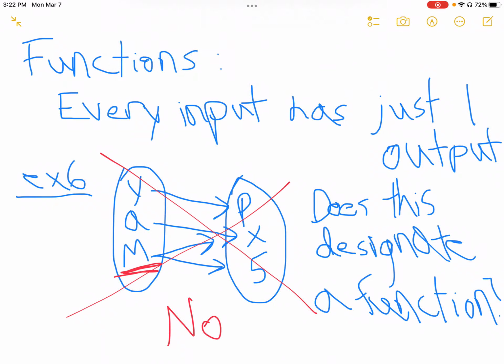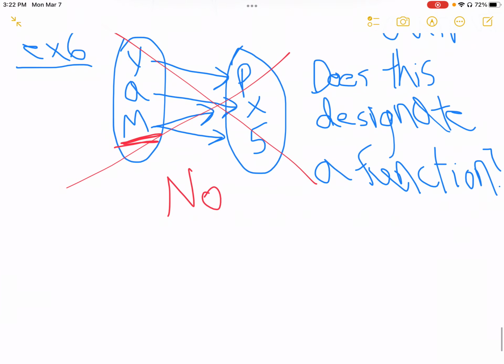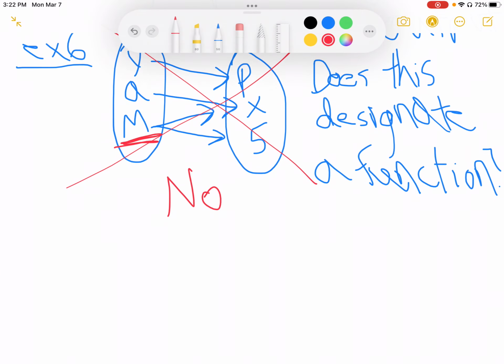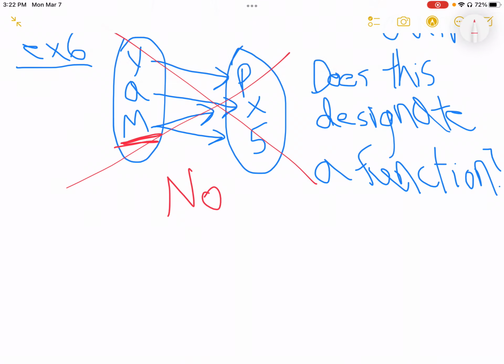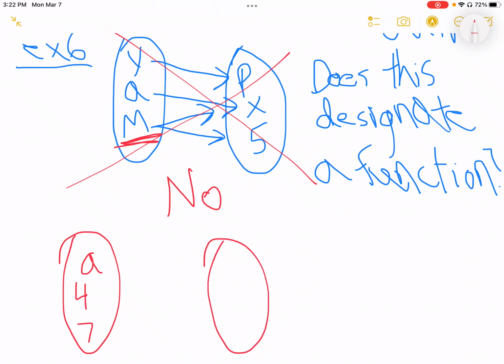Whereas let's look at another one that's going to be valid. We can think of this other representation where we have a, 4, and 7, and then we have 5 and 11 as outputs.